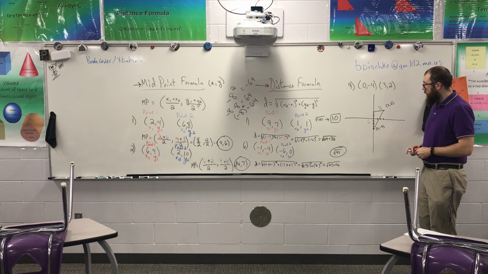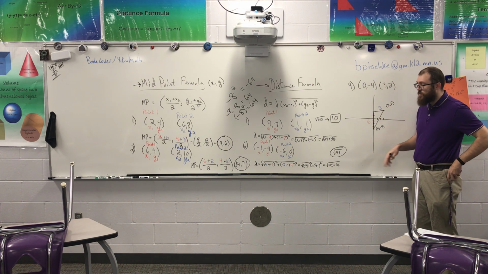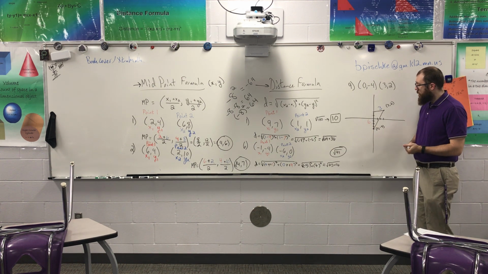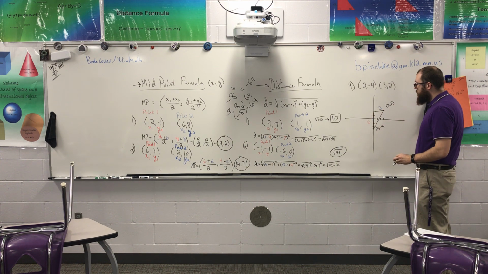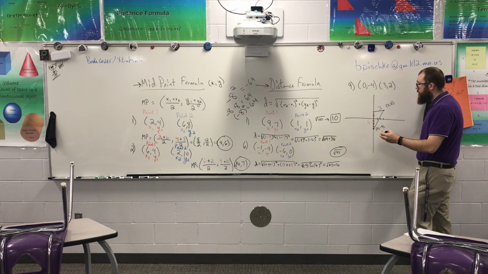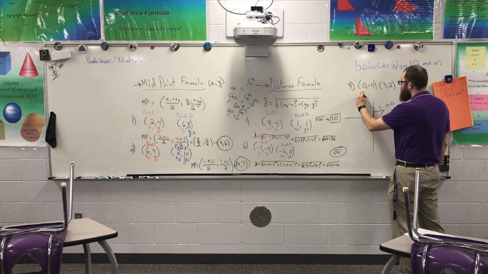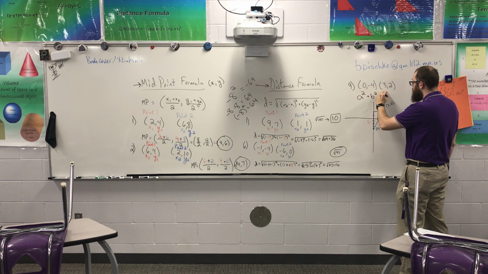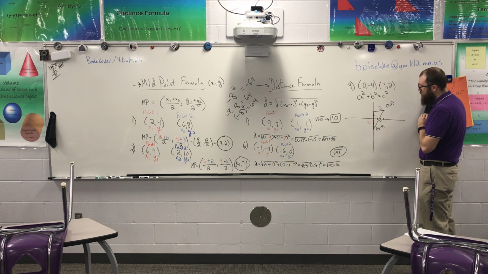Now, it doesn't matter if your rise and runs are positive or negative because you're going to square them just like you did over here. So don't worry about that. Now the next move here is to use our Pythagorean theorem, which hopefully you guys remember because we were just doing it. A squared plus b squared equals c squared. The hypotenuse is our distance.